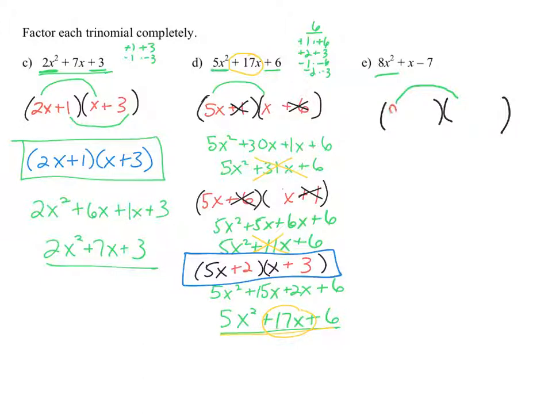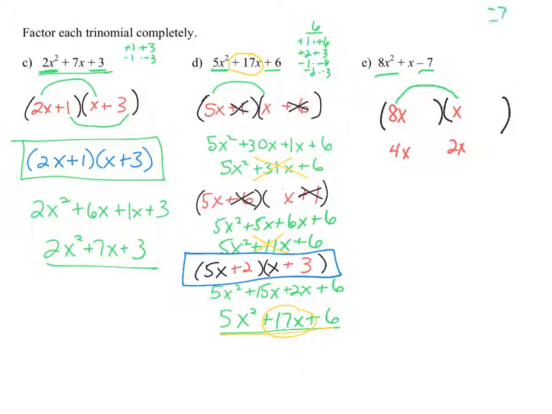You could either have 8x times x. You could also have like a 4x times a 2x, and so on, or the other way around. Now we'll begin with using the 8x and the x, and if none of those work, we'll go ahead and use the 4x and the 2x. Now to get the last term, we have a negative 7.